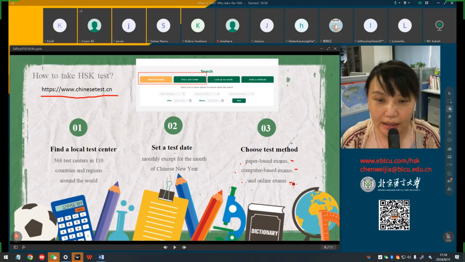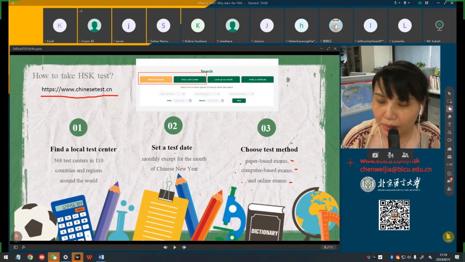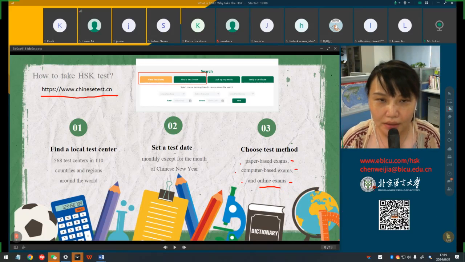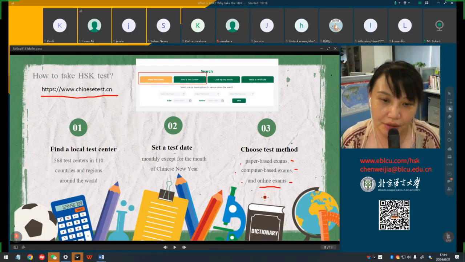And the online exam, which you register for from the local test center, you can take at home. But the online exam is not held by all of the test centers. So you need to check the information and see if your local test center offers online exams. But usually they have computer-based or paper-based exams for all of the test centers.